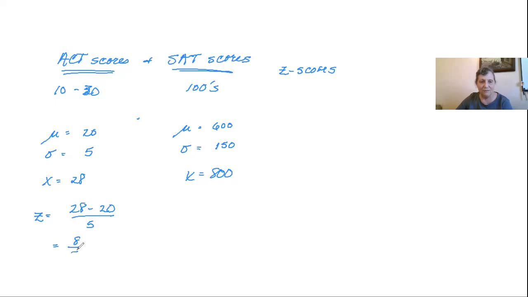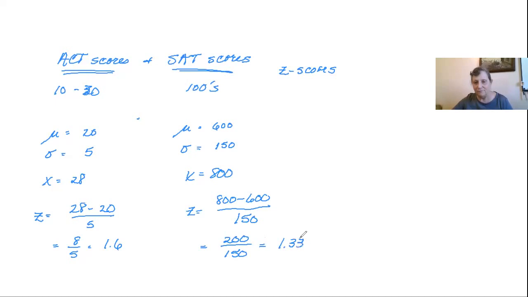So this would be 8/5, which would be 1.6. So if we look now here at the Z-score for this test, we would have 800 minus 600 divided by the standard deviation 150. So we've got 200 divided by 150, which is 1.33.